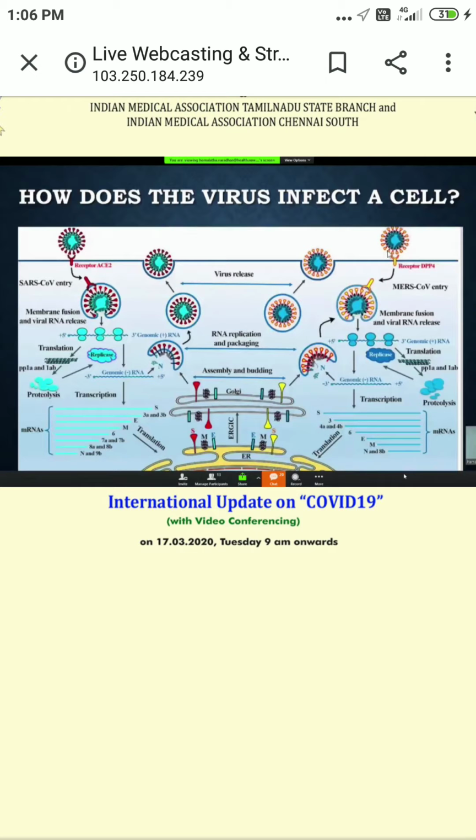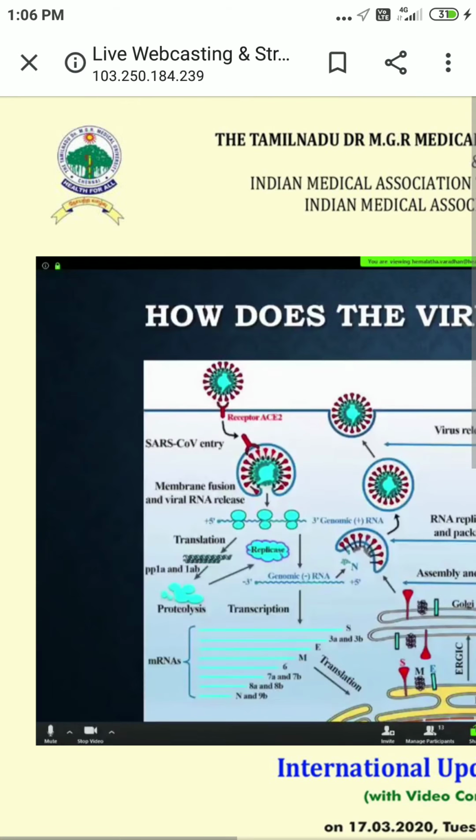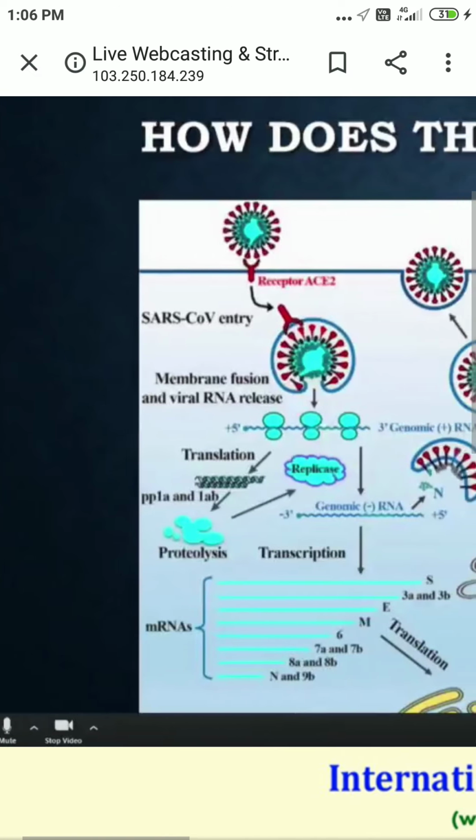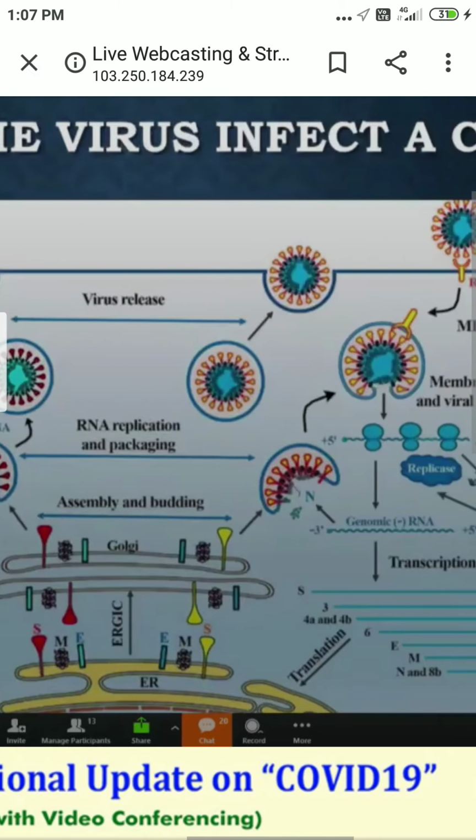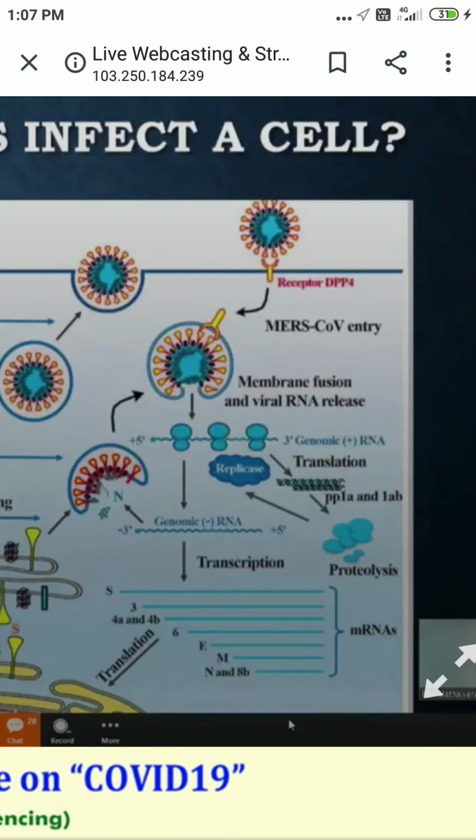Now, this is a little bit different to what we see with the MERS-CoV, because the MERS uses a totally different receptor to SARS-CoV. MERS sits and docks itself to a CD26 receptor, otherwise called the DPP4.